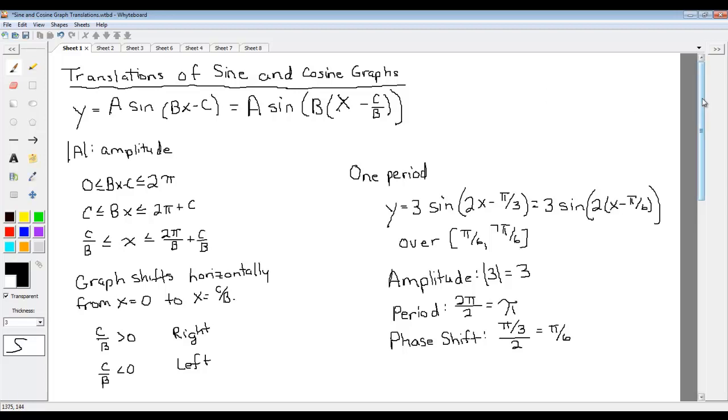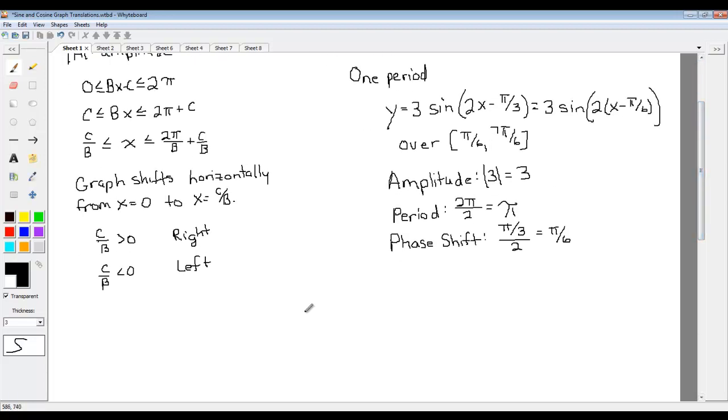So with that data in mind, they said start with pi over 6 in the interval. Pi over 6 minus pi over 6 is 0. You get 2 times 0, 0. Sine of 0 is 0, 3 times 0 is 0. So that starting point at 0 was when x is pi over 6, a shift to the right, pi over 6.